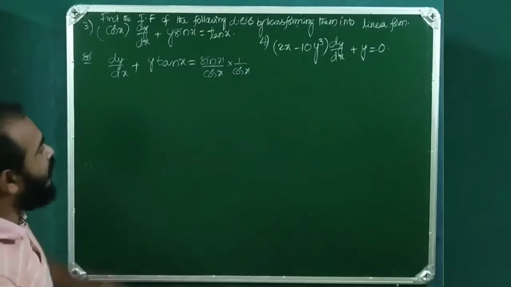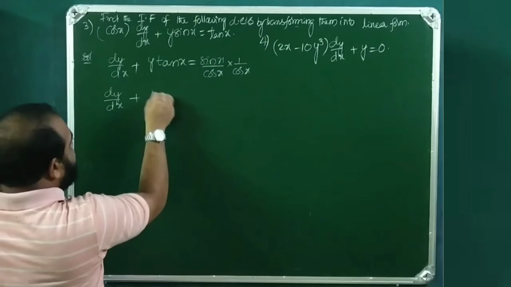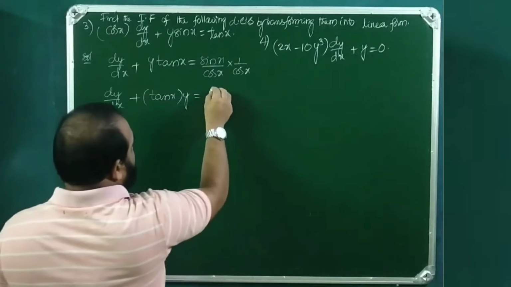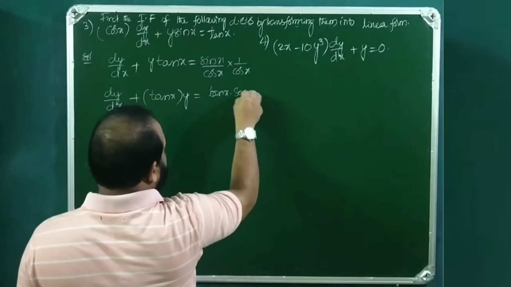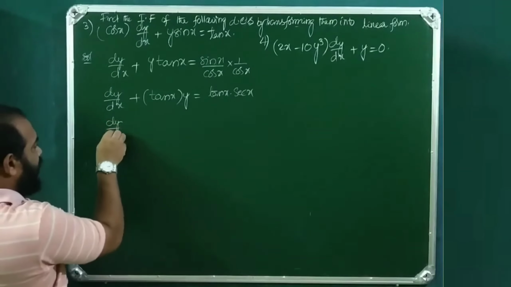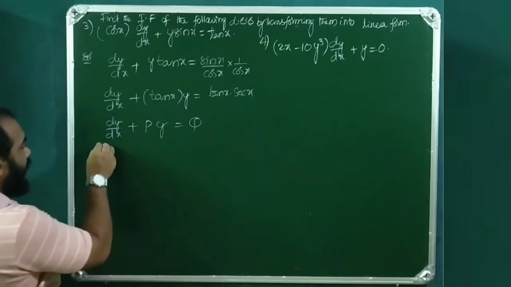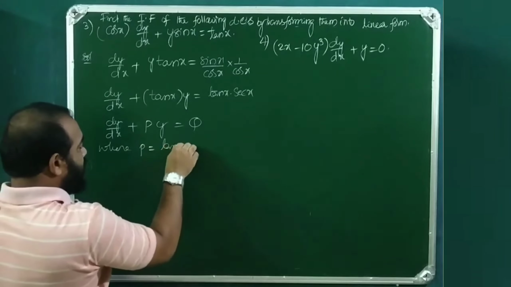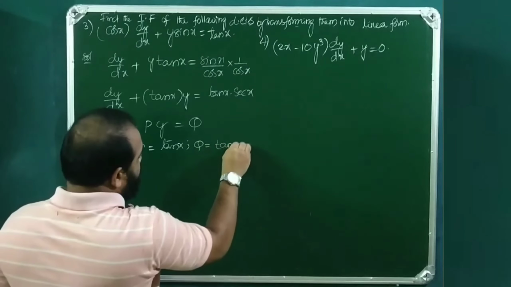This is clearly of the form dy by dx plus tan x into y equals tan x into secant x. So this is of the form dy by dx plus py equals q, where p equals tan x and q equals tan x into secant x.